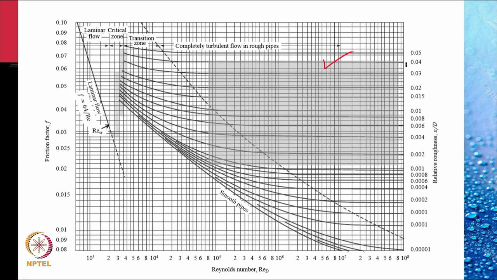So, this is the region where viscous forces could be neglected and the pressure forces are being balanced by the inertial forces alone. So, we have used two approximations: neglect of inertial forces in the low Reynolds number region and neglect of viscous forces in the high Reynolds number region.